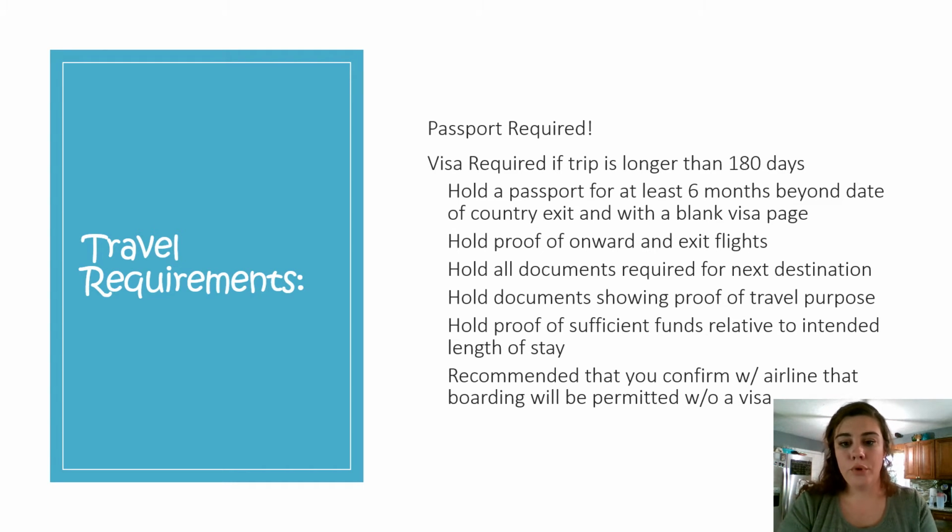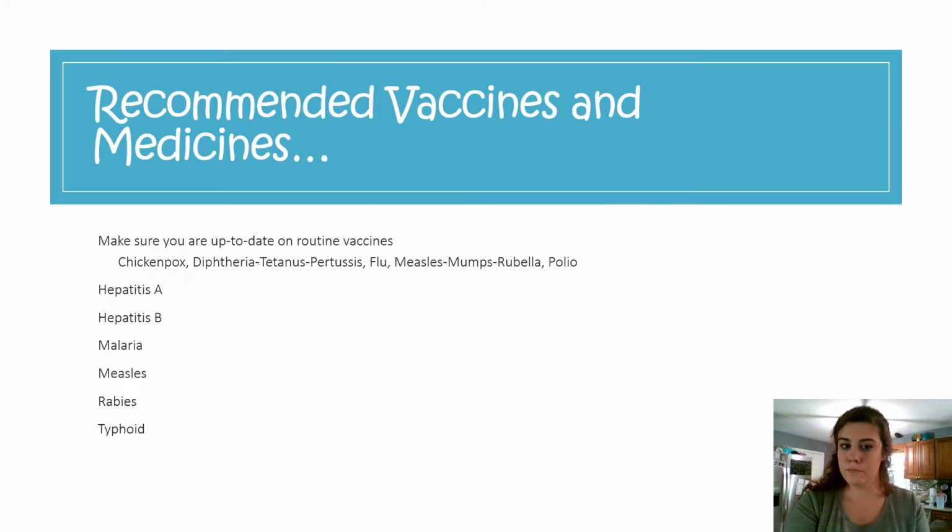You have to hold proof of onward and exit flights, hold documents required for the next destination, hold documents showing proof of travel purpose, hold proof of sufficient funds relative to intended length of stay, and it's recommended that you confirm with the airline that boarding will be permitted without a visa.